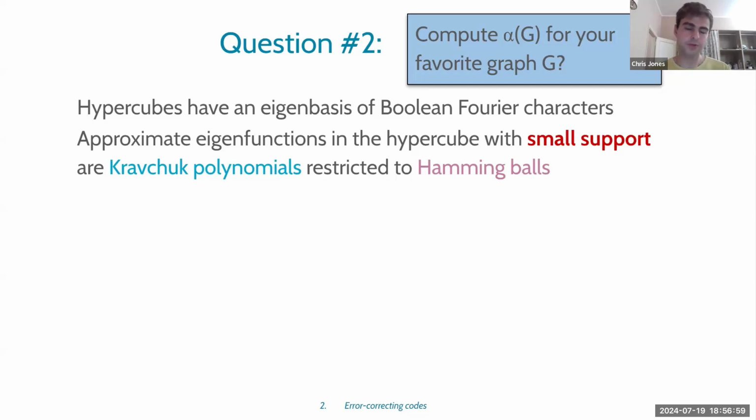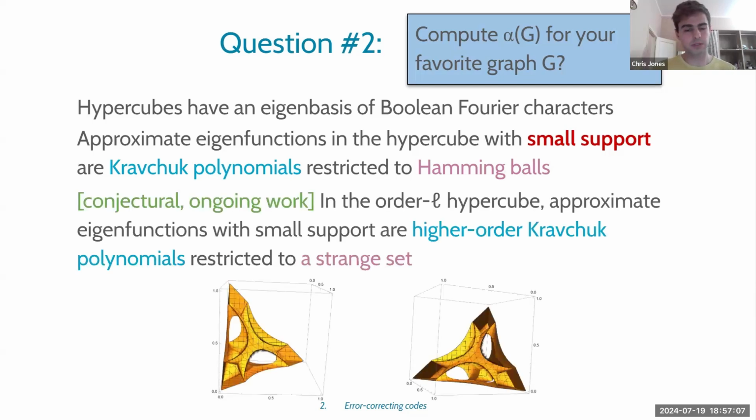So now the question we're interested in is generalizing this from the standard hypercube to the order L hypercube. In the order L hypercube, something interesting seems to happen as well. The approximate eigenfunctions with small support seem to be these so-called higher order Krawtchouk polynomials. When their domain is restricted to a somewhat strange set, which is drawn in this cheese figure here.